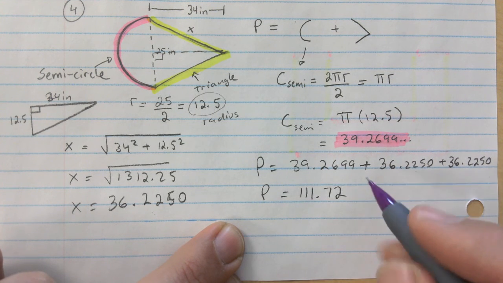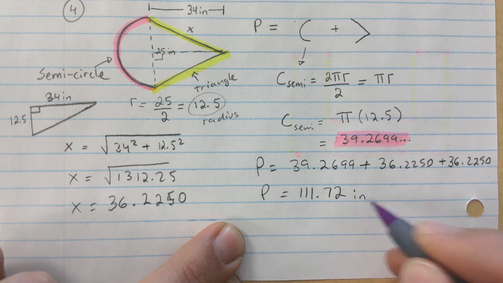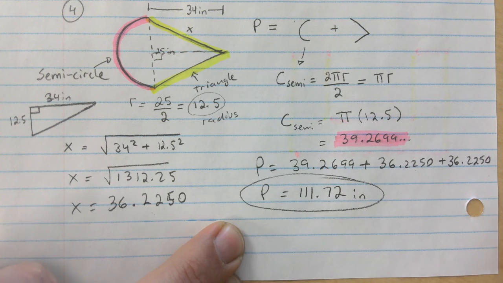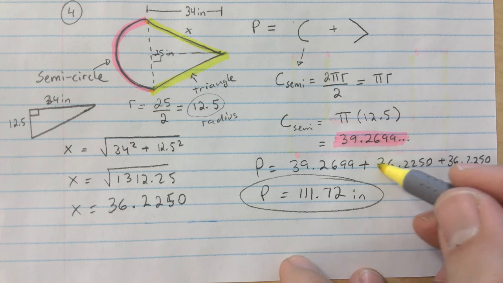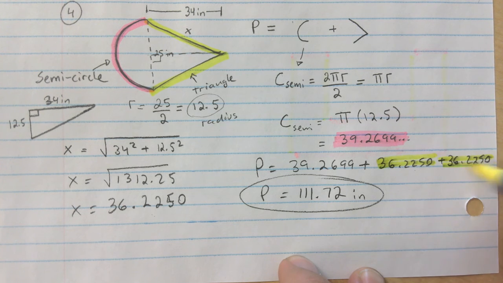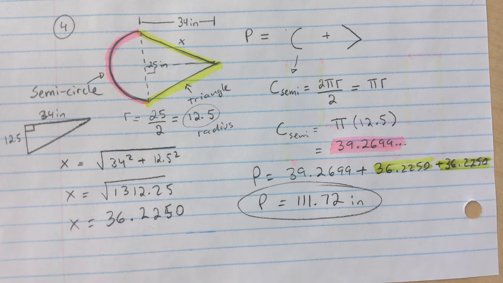That's when you round to 2 decimals at the end. And I'm going to highlight these two in yellow. And this is in pink.